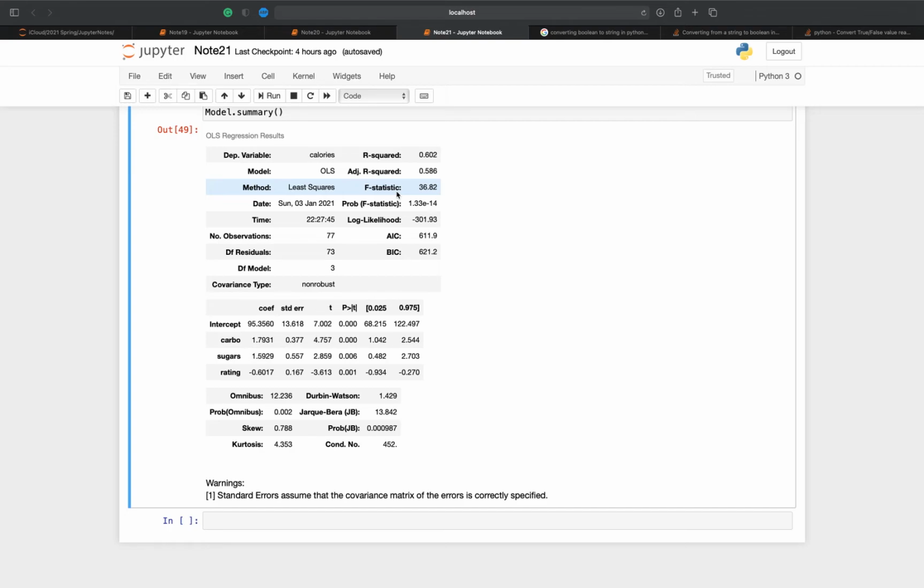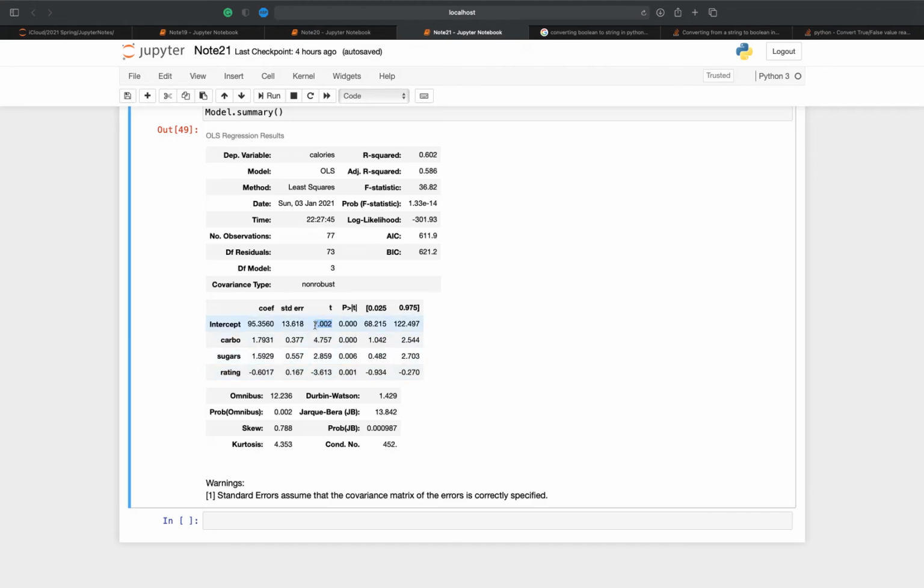So the T test statistic, do we have it here? What T says for each of these variables is how statistically significant each of these coefficients is.